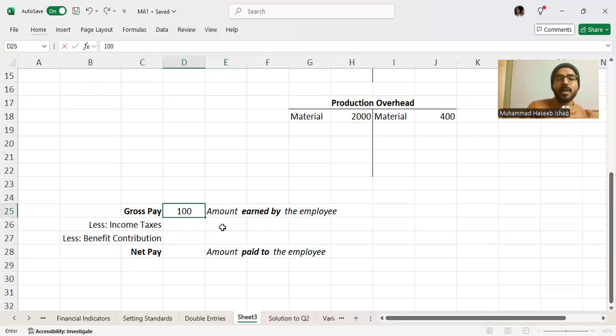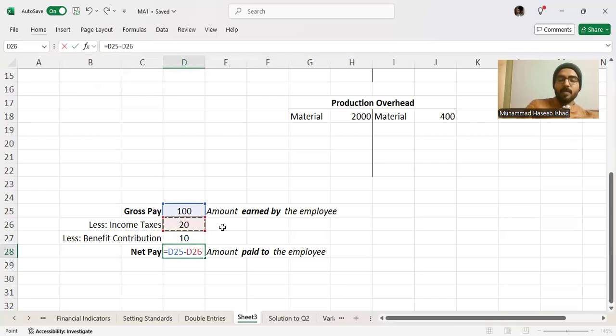For example, an amount of 100 has been earned and income tax is 20%, so you deduct 20. Then the benefit contribution, the pension amount, is for example 10% of the employee's salary. So 10% is transferred to the pension of the employee, because of course he wants some income after retirement.